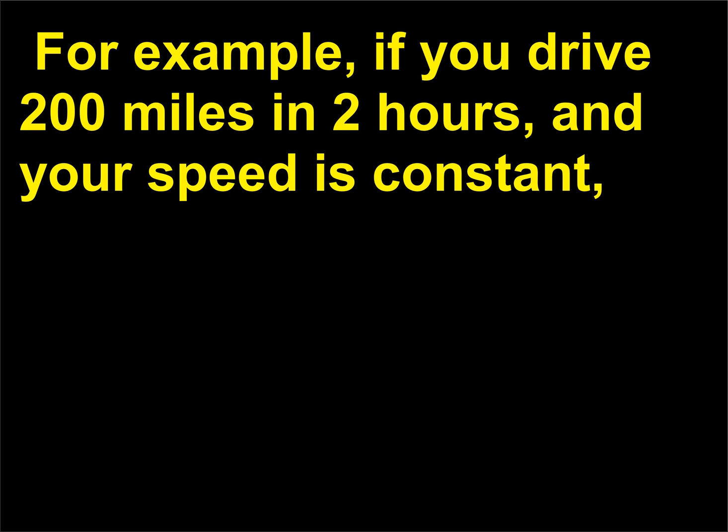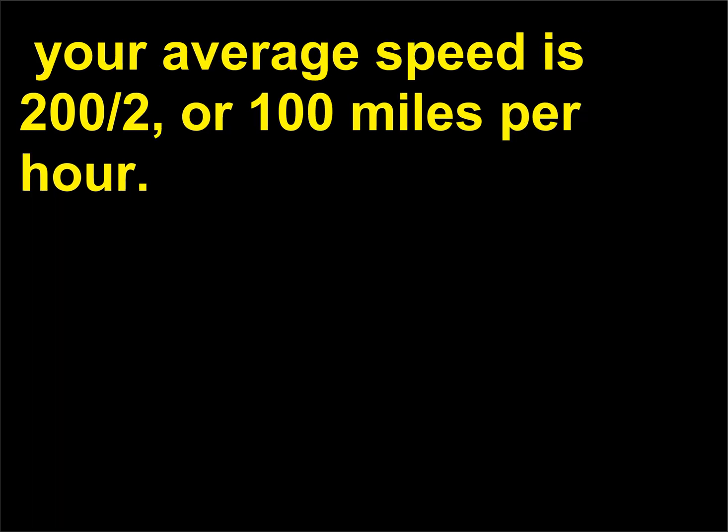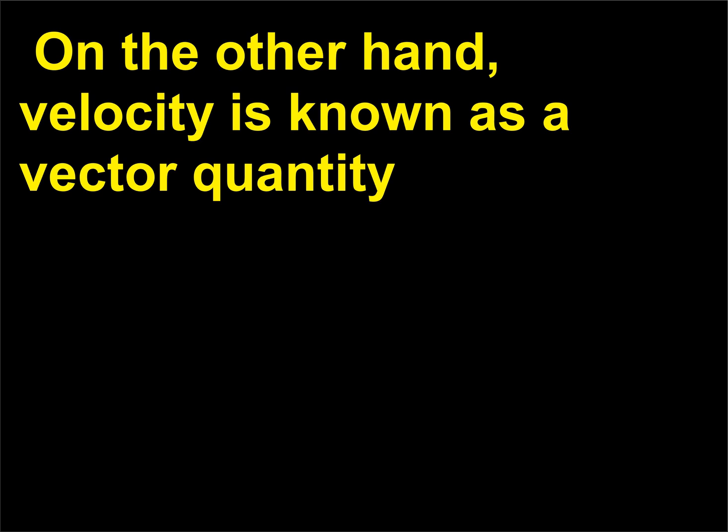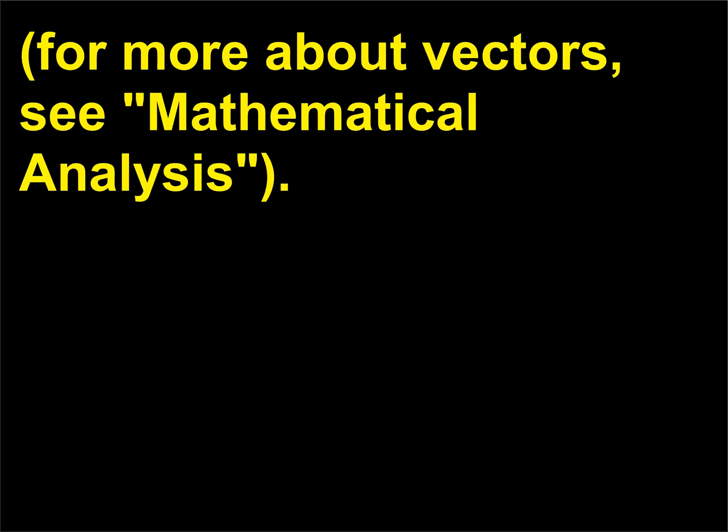For example, if you drive 200 miles in 2 hours, and your speed is constant, your average speed is 200/2, or 100 miles per hour. On the other hand, velocity is known as a vector quantity. For more about vectors, see mathematical analysis.